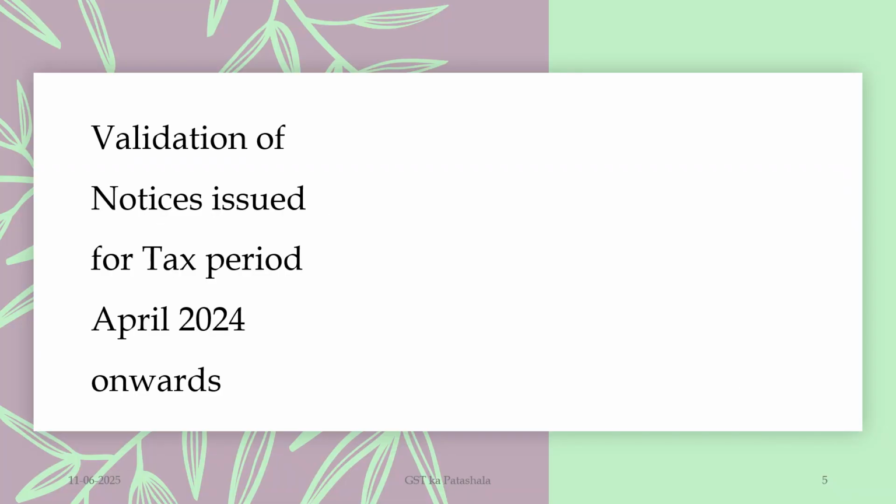Moving further, validation of notices issued for the tax period April 2024 onwards. What do we have to do? Any document, which could be a DRC-01A or DRC-01 or any intimation given by the proper officer, first and foremost, please check whether this document mentions section 73, 74 or 74A.